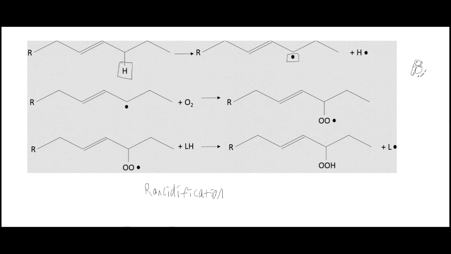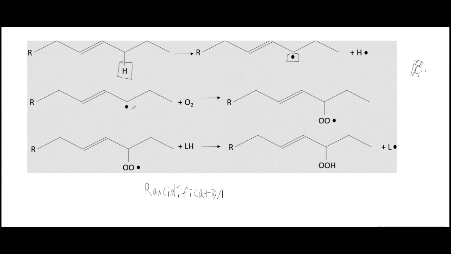So single electrons really want to get paired up with some other electron. And so when we have this, it's called a free radical. It's a single electron, and that wants really bad to pair up with something. And so what it will end up pairing up with is oxygen in the atmosphere.